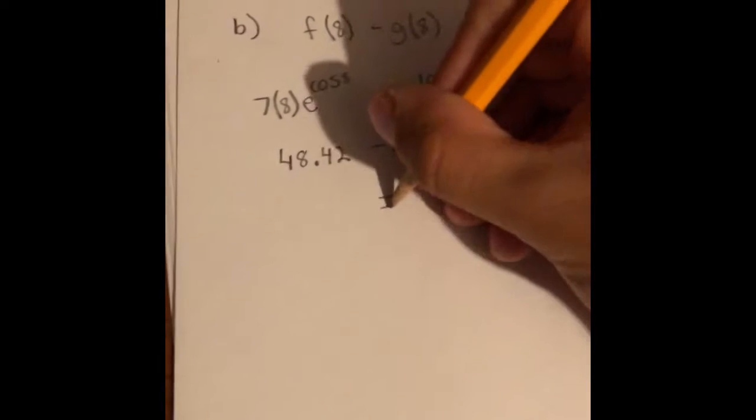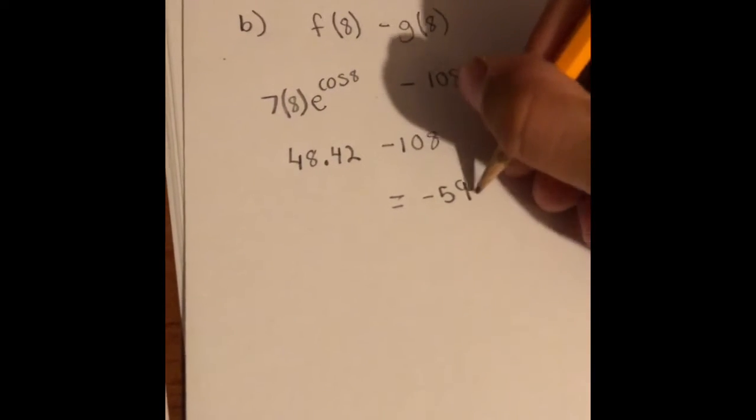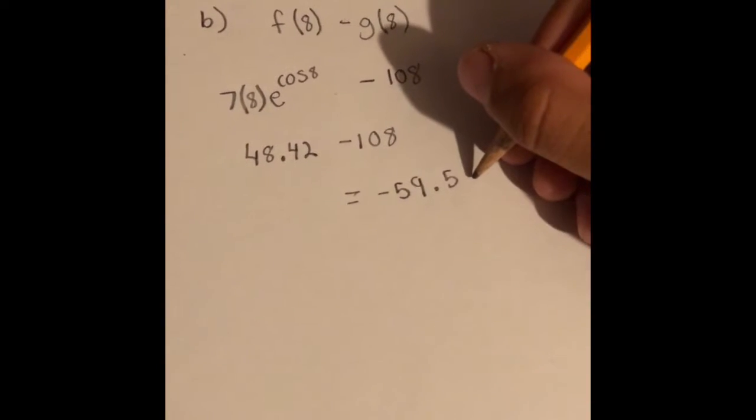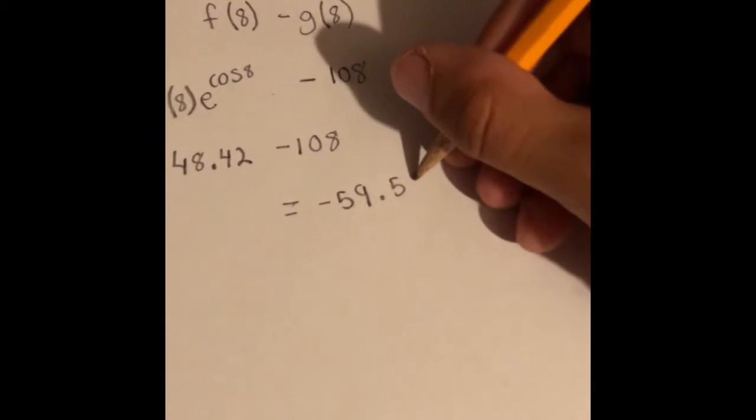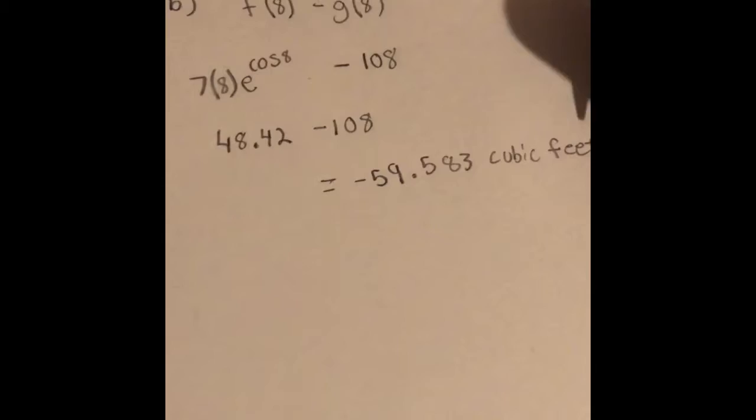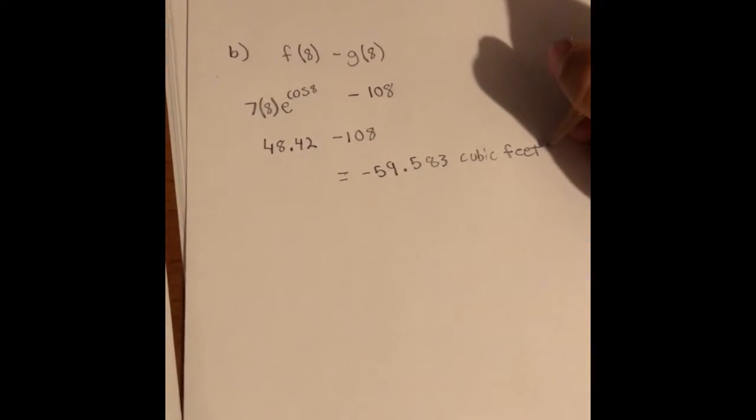If you didn't see, our answer comes out to being negative 59.583 cubic feet. All right, that's for part B.